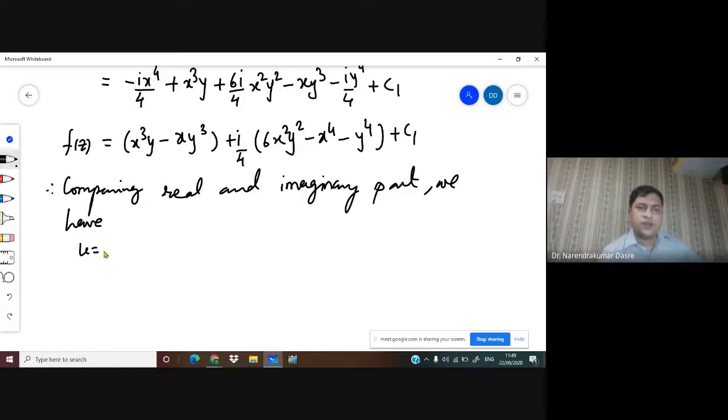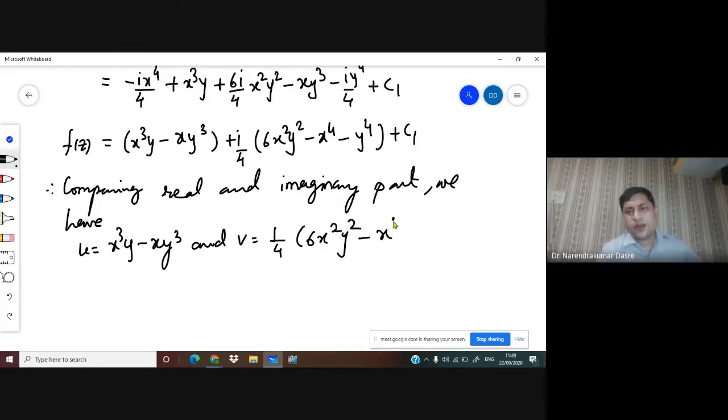What we'll get is u = x^3 y - x y^3, and v = 1/4 (6x^2 y^2 - x^4 - y^4). So if I equate this to a constant, it will be a family of curves. And we know this family is orthogonal to this family. So this is actually the orthogonal trajectory of this family.